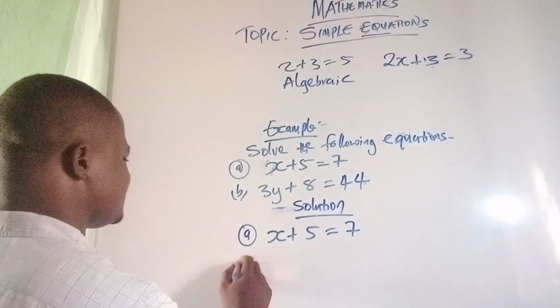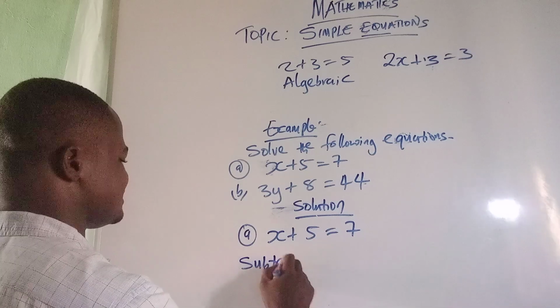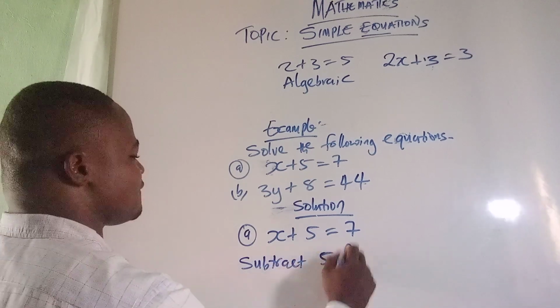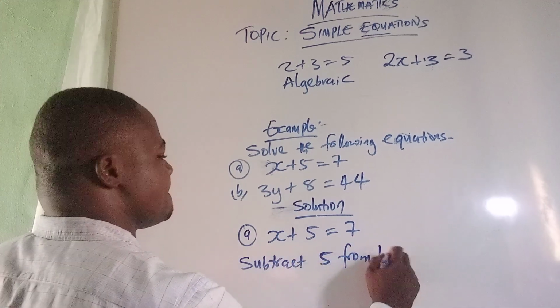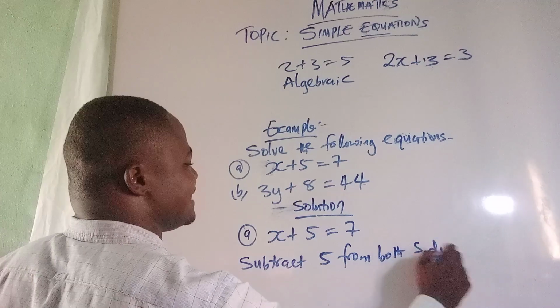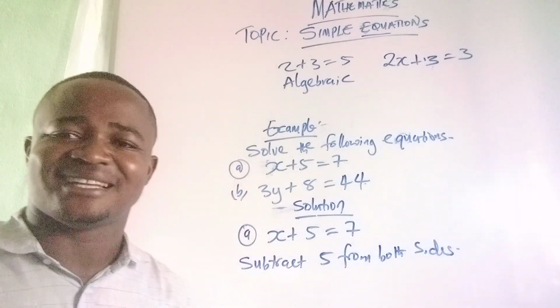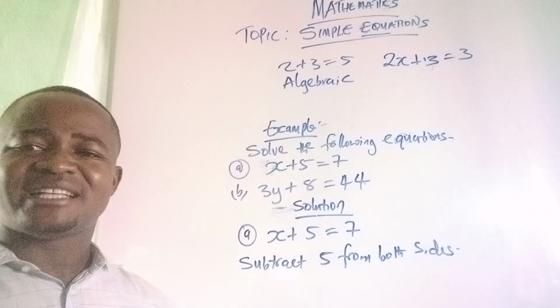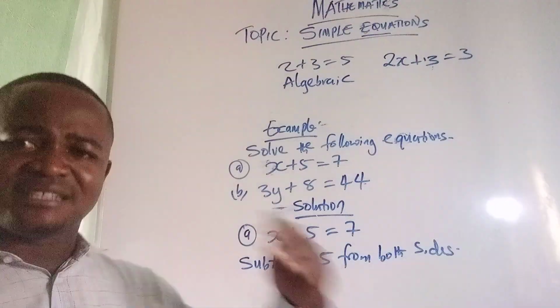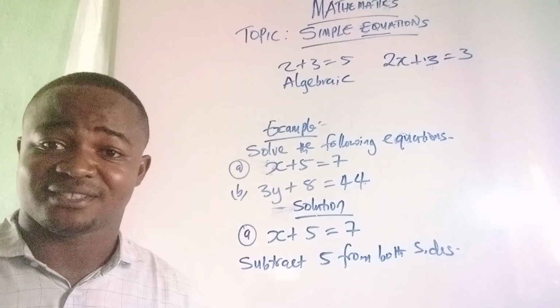So you just say subtract 5 from both sides. Anything I do to the left hand side, I do to the right hand side. In mathematics, it will not change the equation.